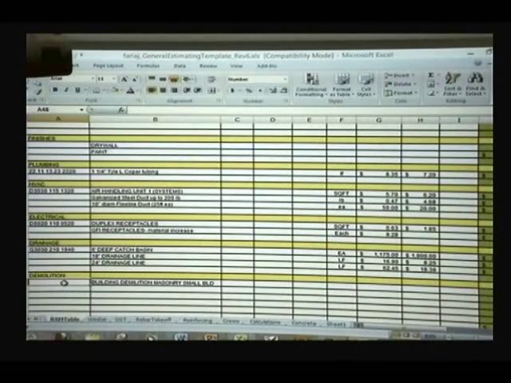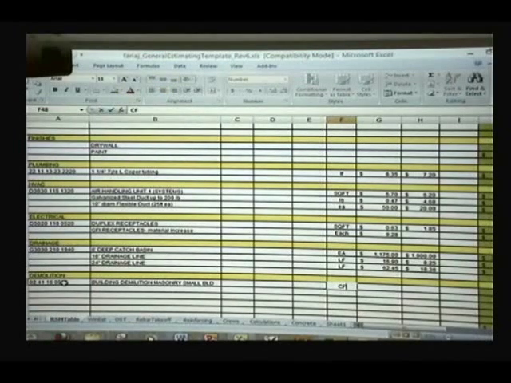So the code I'm using is 024116 008. The unit of measure is cubic feet, and the cost is 0.11 and 0.16.